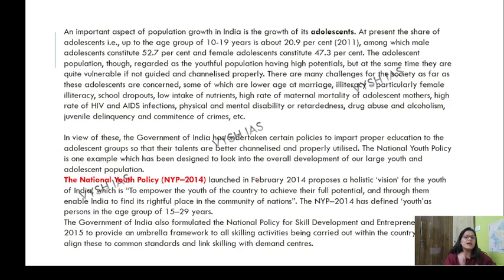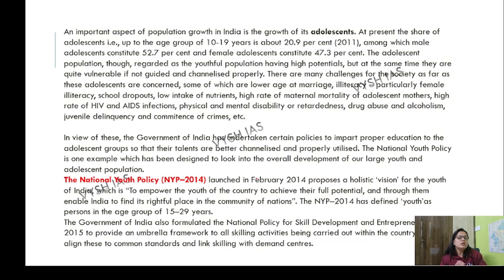Then comes adolescence. When we talk about the population, there is a pyramid of growth, with the child and adult population.